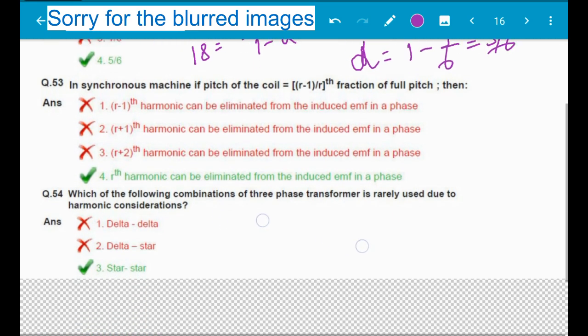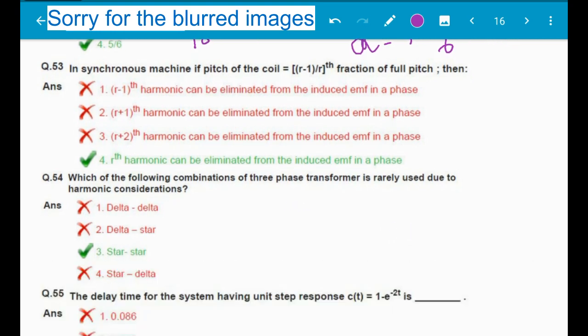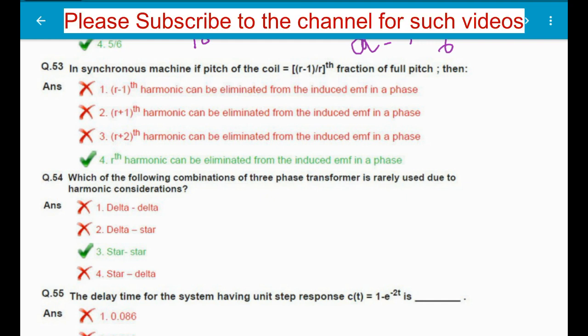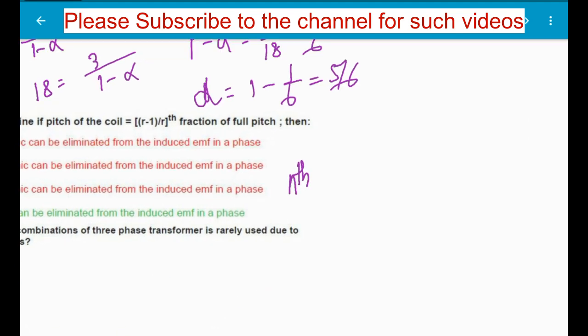Next question is: in a synchronous machine, if the pitch coil is r minus 1 by r fraction of full pitch, then actually in case of a synchronous machine, to eliminate the nth harmonic, we have to consider the pitching angle alpha to be 180 degree by n, and at that angle beta will be equal to 180 into n minus 1 by n.